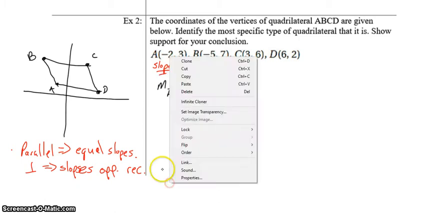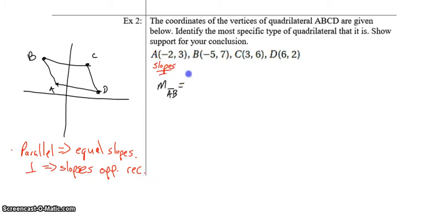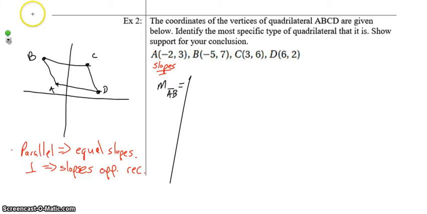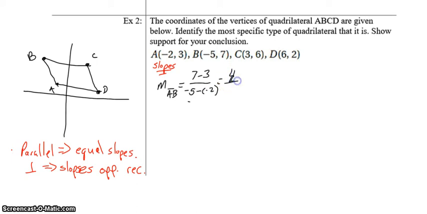Well, change in y, 7 minus 3 over negative 5 minus negative 2. And we get 4 over negative 3.